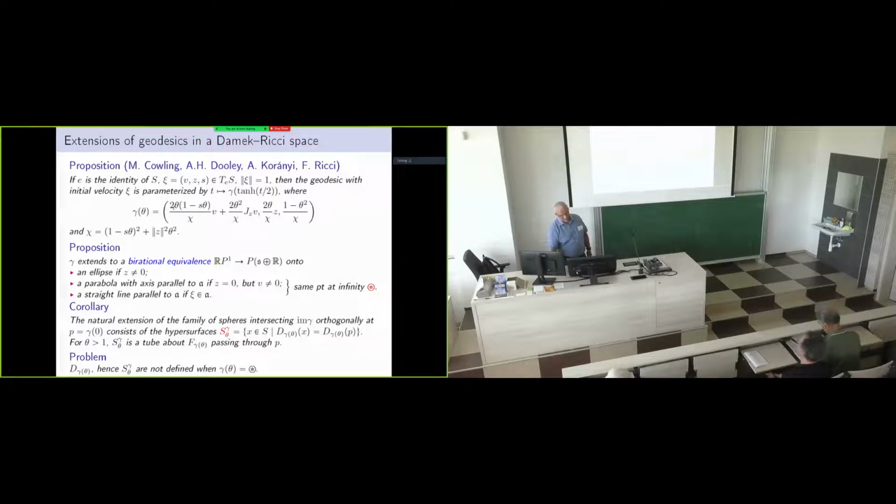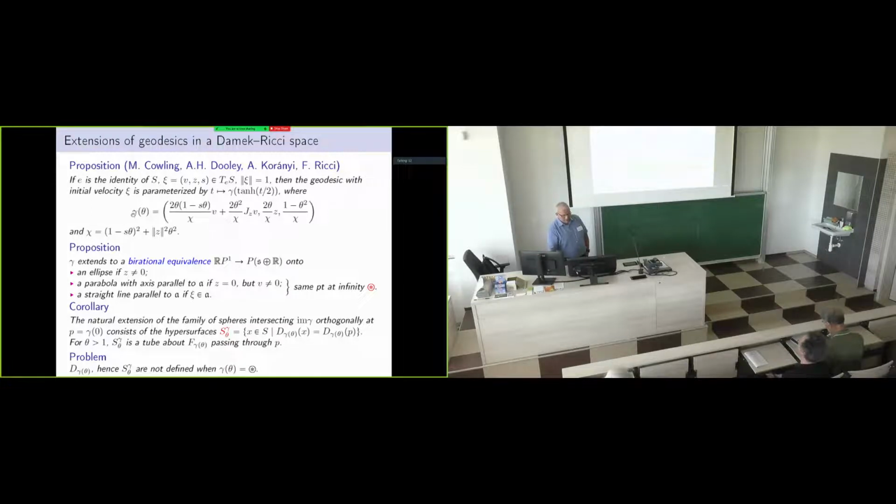If you let theta run over all real numbers, this will give you a point not necessarily in the upper half space, but maybe something below. And there is also a well-known, easily computable limit if we let theta converge to infinity. In that case, the limit can be a point at infinity. Sometimes it is a finite point, sometimes it is a point at infinity.